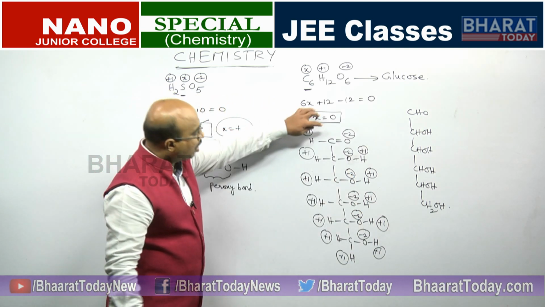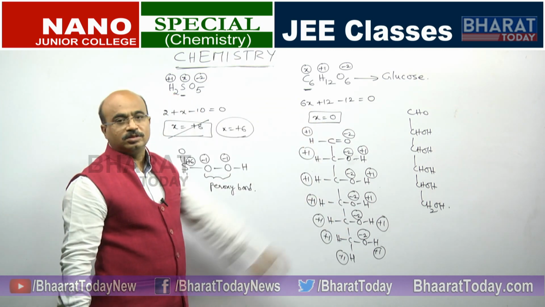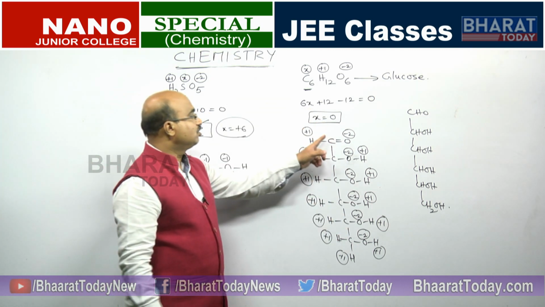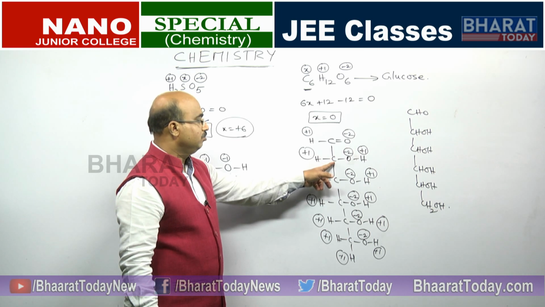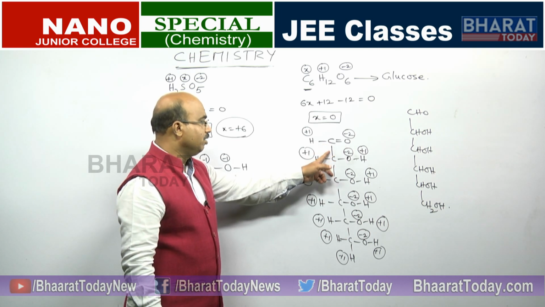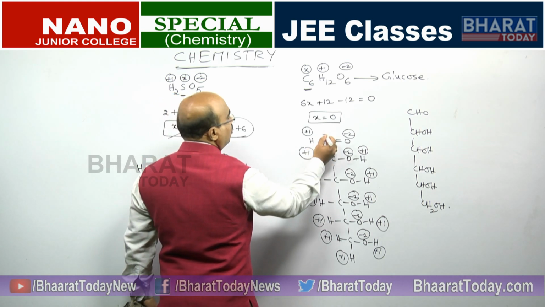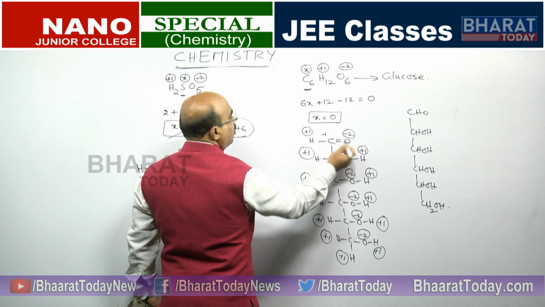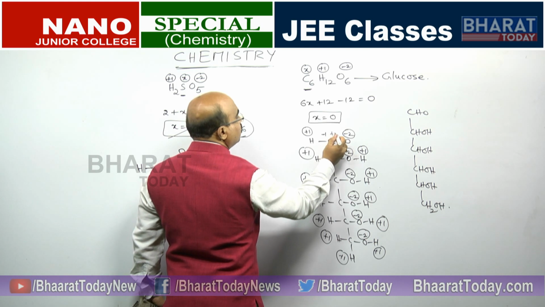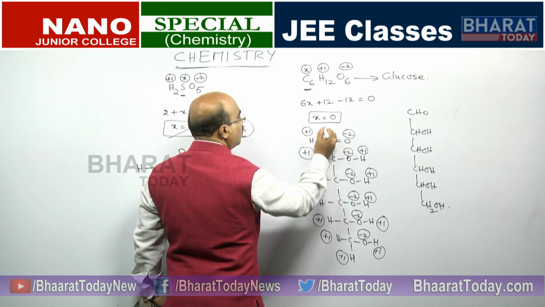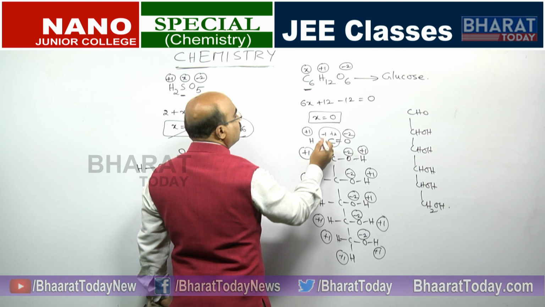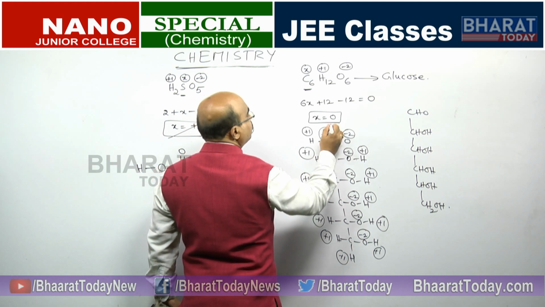Now, what about these carbons? This carbon is bonded to carbon, so this bond will not have any effect, but this bond will develop -1, and this bond will develop +2. So, the total on this carbon now is +1.